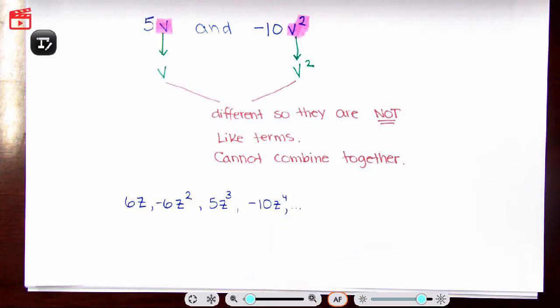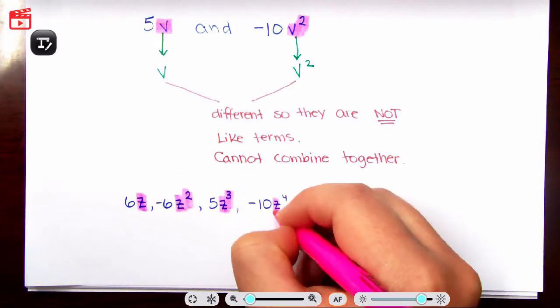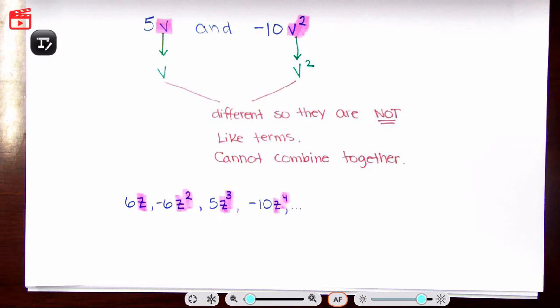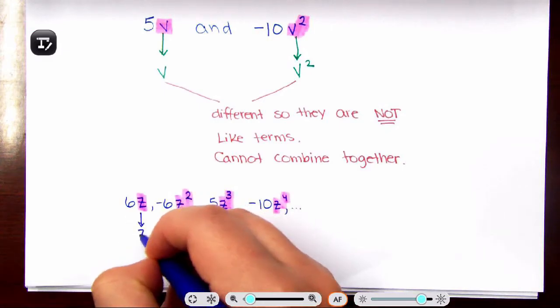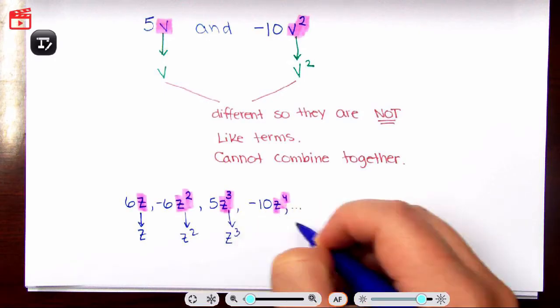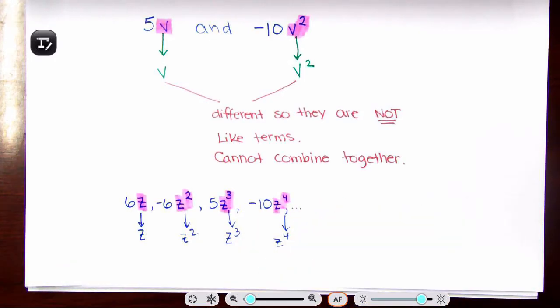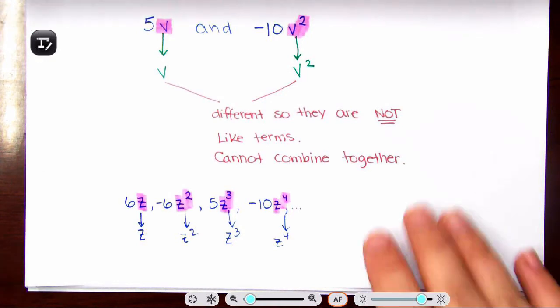Again, because these are different, you have a z, you have a z squared, you have a z to the third, and you have z to the fourth. These are all different, so we cannot combine them. Let's go ahead and do some examples of combining like terms.